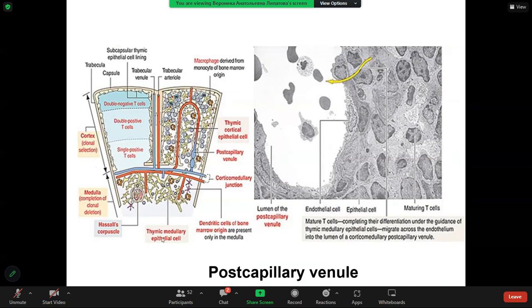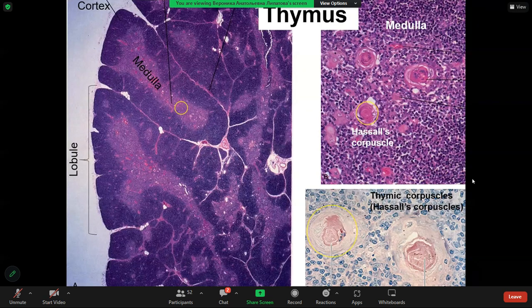These are the features of blood supply and venous outflow from the thymus. And how to differentiate it on a slide. First of all, remember I told you it is lobulated. These are lobules, with a very well visible dark periphery, the cortex, and a paler medulla.